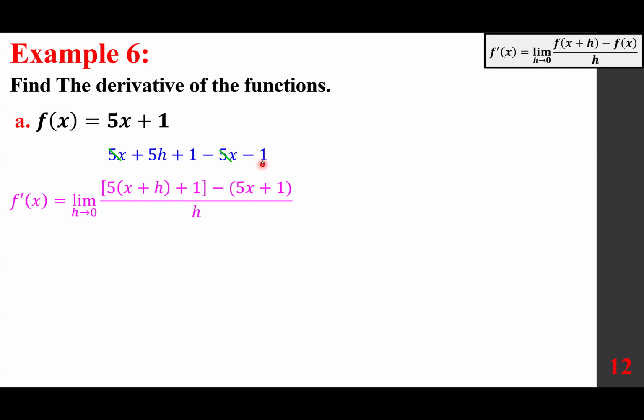Positive 1 cancels out negative 1. The numerator has 5h only. h cancels out the h. And the limit of 5 as h approaches 0 is simply 5.